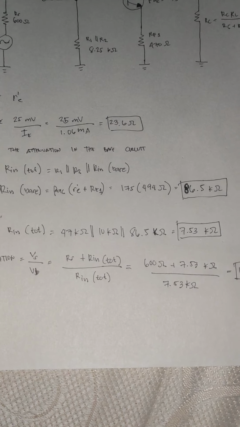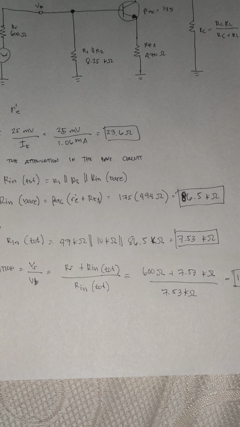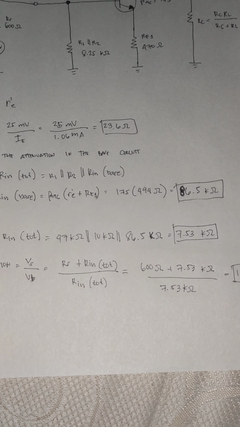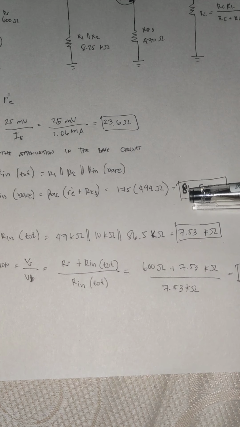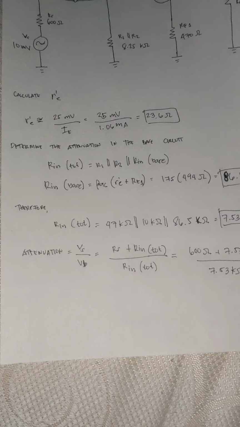Therefore, Rin TOT is equal to 47 kilo ohms, 10 kilo ohms, and 86.5 kilo ohms. Gi-calculate na ako sila, which is ang result 7.53 kilo ohms.